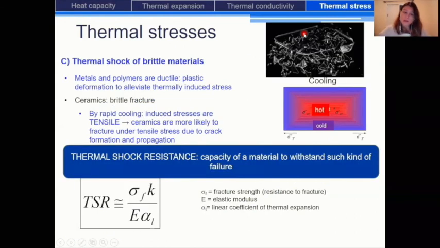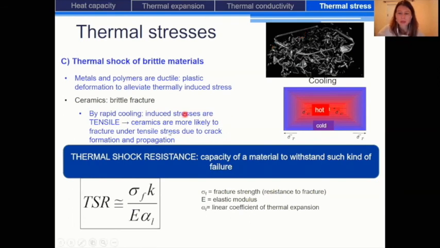So what is happening in brittle materials? First of all, in metals and polymers, since they are ductile, plastic deformation is able to alleviate thermally induced stress. But we said that ceramics are more brittle and they experience brittle fracture.